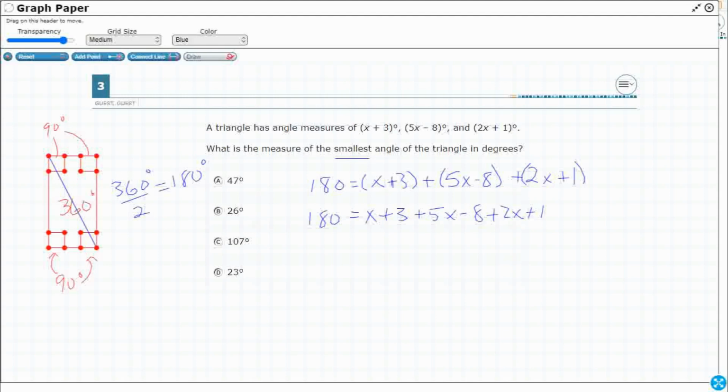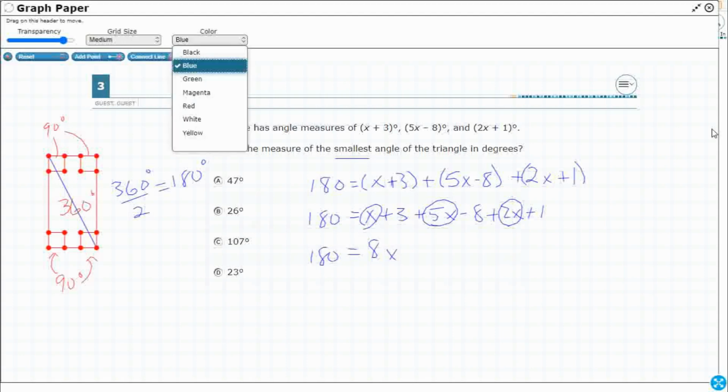So how many x's do we have? Let's bring them together. I've got 1x, 5x, and 2x. So if I bring them all together, 1 and 5 is 6, add the 2 is 8x.